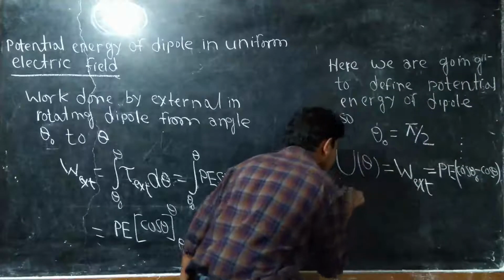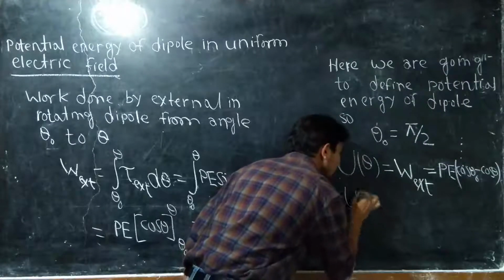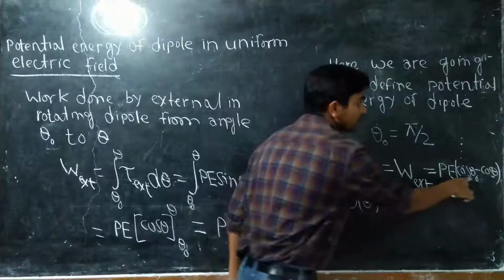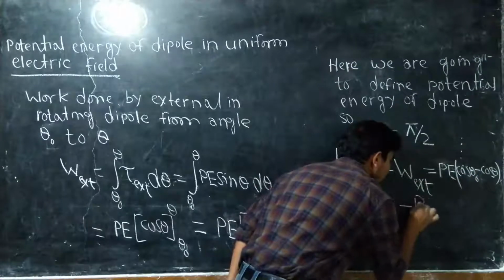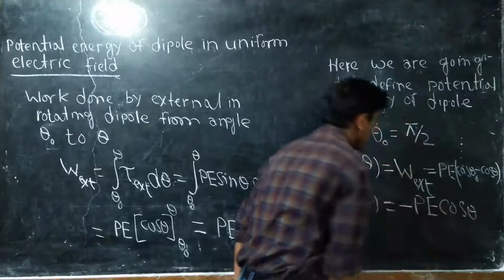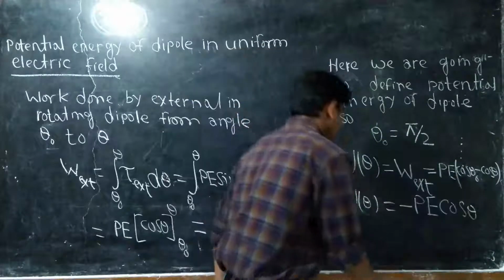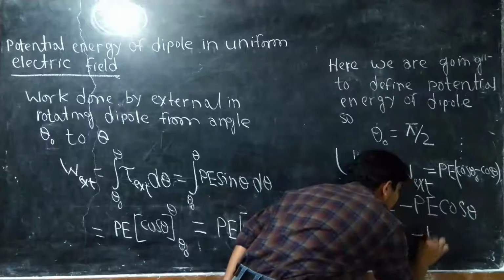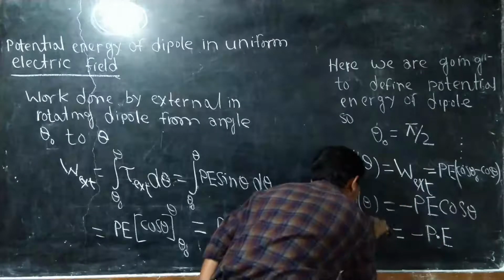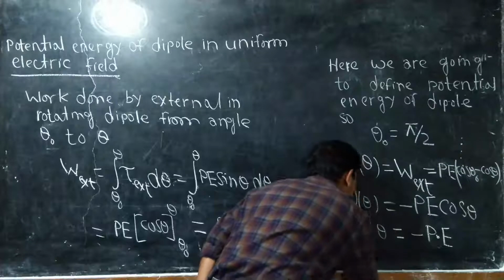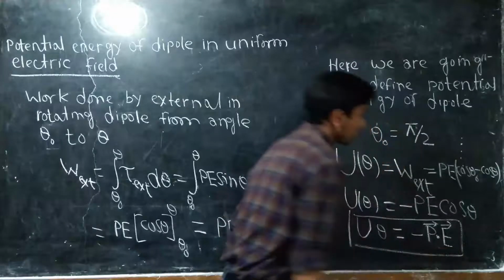So finally we can write U theta is equal to, see this value becomes 0, so finally we have minus p cos theta. And this further can be written like this: p dot e.